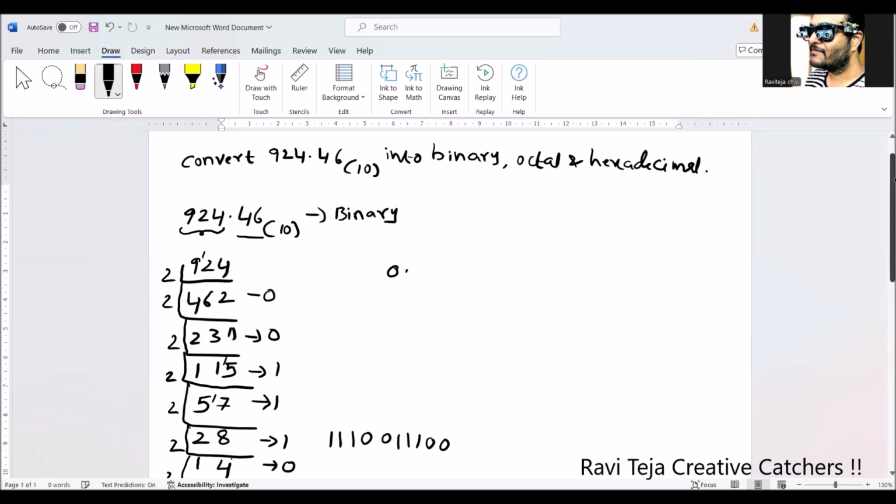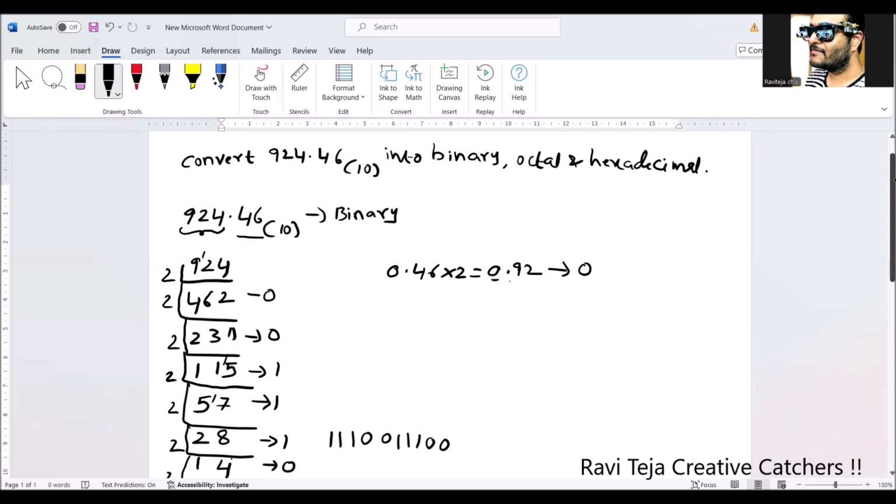So 0.46 into 2. Okay, as we are converting it into binary, we need to multiply with 2. So what is the answer we get? 0.92. Okay. So whatever the number we got before the point, write it as it is.